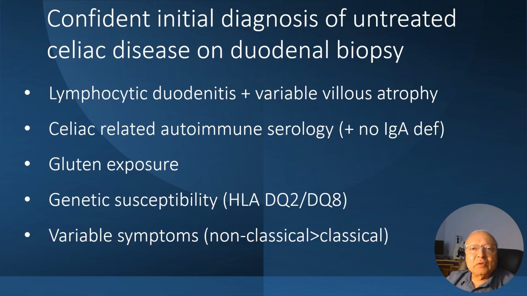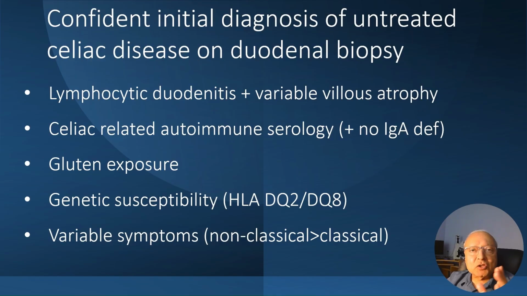So you will have less antibody titers, less lymphocytic duodenitis if there is gluten-free diet or gluten restriction in the diet. And only a subset of population, about 30 to 40% of people, are even susceptible because of their genetic makeup. They need the HLA haplotypes DQ2 or DQ8, and only about 30 to 40% of population have that.